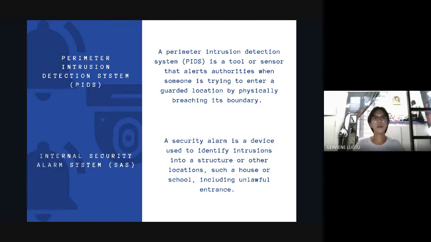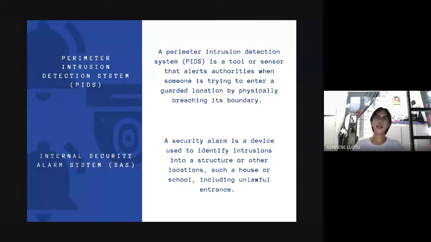For example, sa part ng internal security alarm system, pwede nilang gamitin na kumbaga, ay kunwari kung sa jewelry shop, may pumasok na isang criminal, nag-attempt siya ng pagnanakaw.